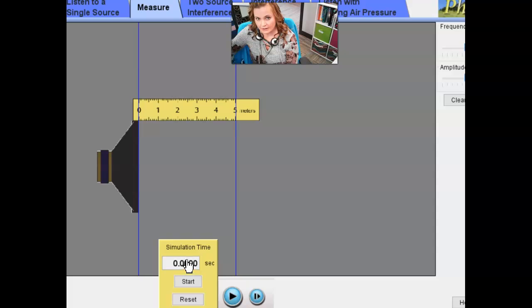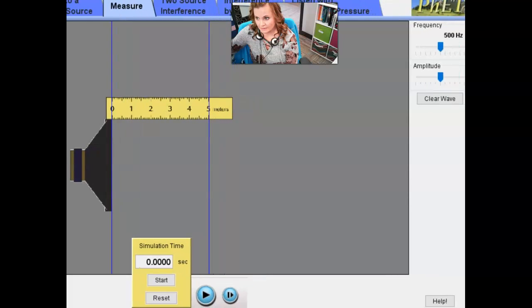The other way to calculate the velocity of the wave is frequency times wavelength. So if I can figure out the wavelength, then I can determine the velocity by taking the frequency, which is listed over here, 500 hertz, and multiplying it times the wavelength. So, two different ways to determine the velocity of a wave.